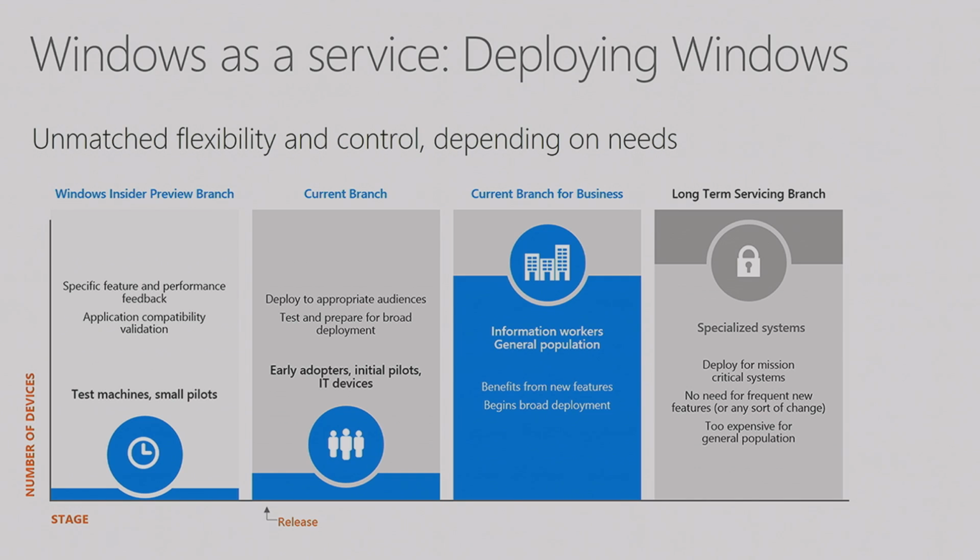We want that to be a small subset of the PCs in the organization, but not the general population. So the challenge, if you use that in the general population, now you're kind of getting back to that big deployment project routine again, where every few years now you have to go to another new LTSB release in order to try to stay current on those PCs.